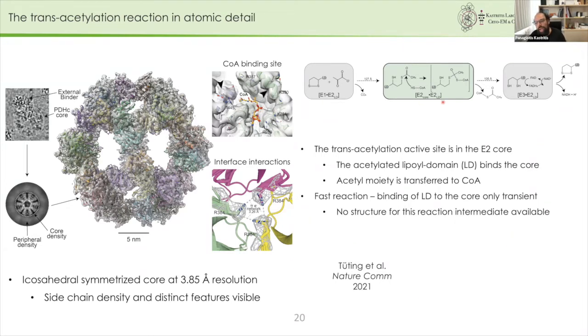Then in the E2 core you have the transacetylase reaction, where the coenzyme A is getting acetylated, and then you have another interaction in this huge assembly where the E3 and the E2 are binding. So this complex is composed of three enzymes, E1, E2 and E3, that act in series to do the acetylation of the CoA and the reloading of the lipoyl arm which exists in the E2.